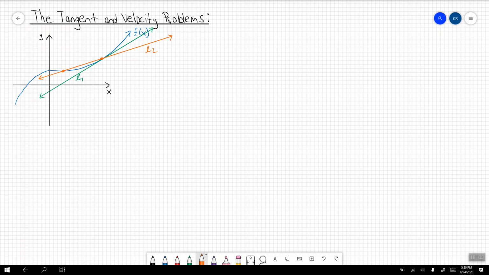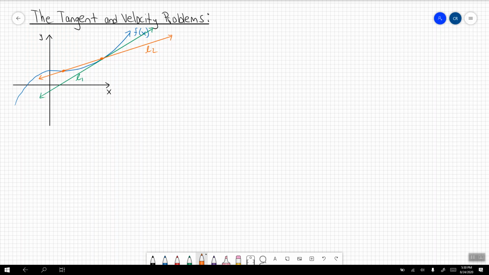So when we're looking at this, we have to interpret what it is that we are going to be observing. Notice that if I want the rate of change for this function f of x, I can approximate that rate of change if I start looking at an average rate of change for this secant line.